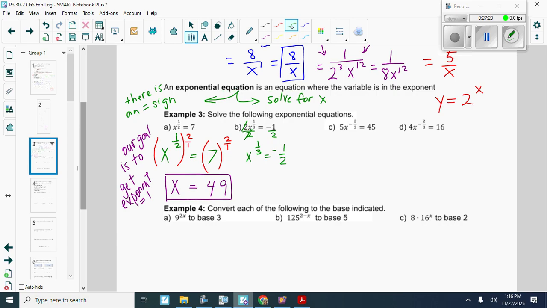What we're going to do is multiply everything on the left-hand side by the reciprocal exponent, because we're trying to get x to the power of 1. If we multiply everything by 3 over 1, 1/3 times 3 over 1 is 3 over 3, which is the same as 1.